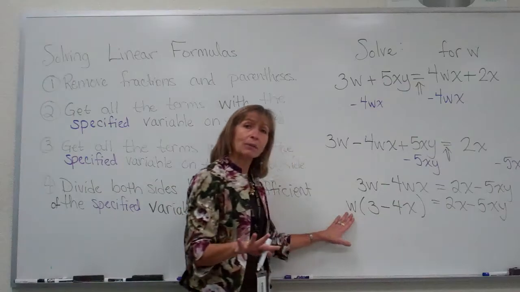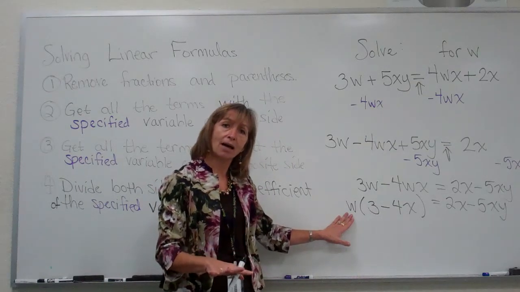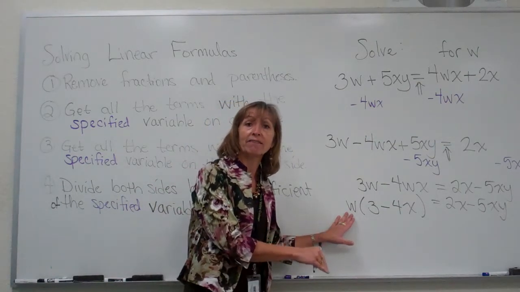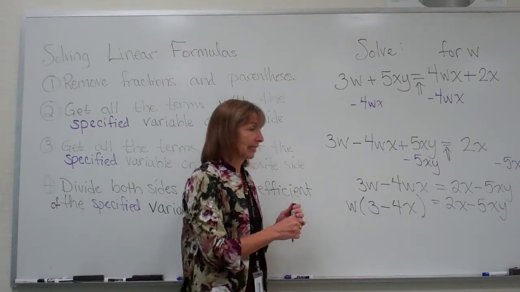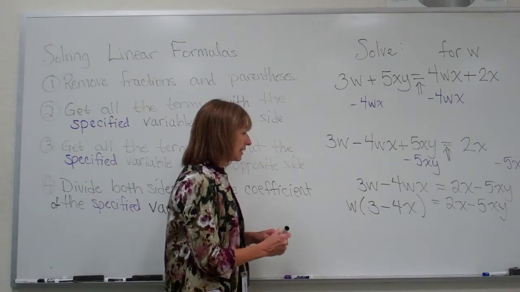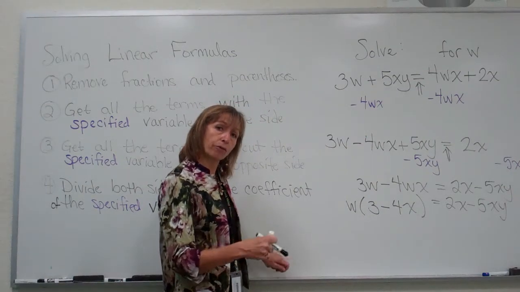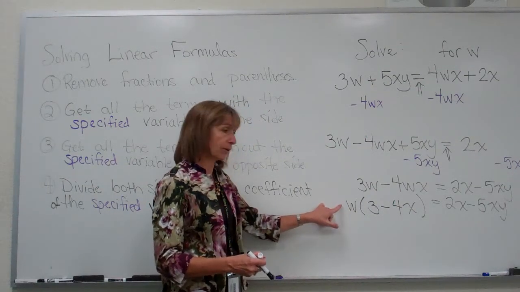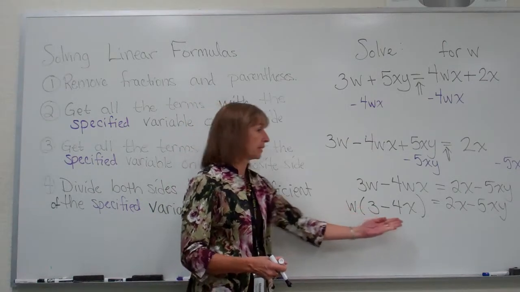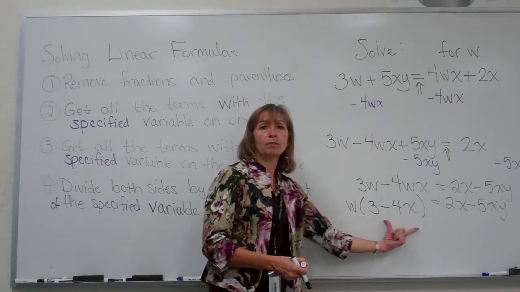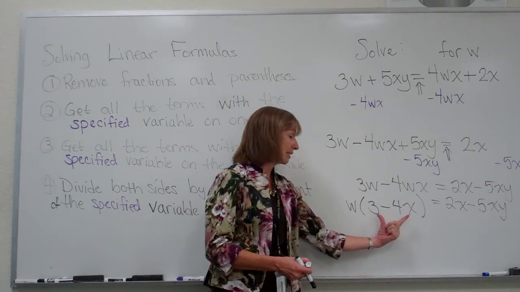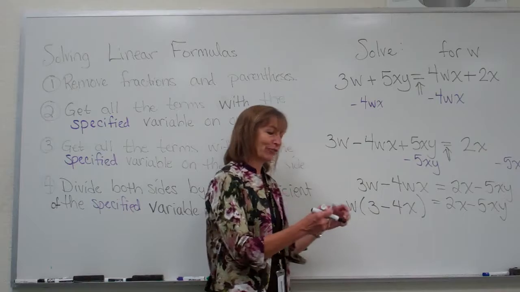And we specifically wanted to do that with w because w is our specified variable, and we want to get that on a side by itself. Now the last thing to do is to divide both sides by the coefficient of your specified variable, the stuff that your specified variable is multiplied to. So here my w is multiplied to this entire quantity, 3 minus 4x.